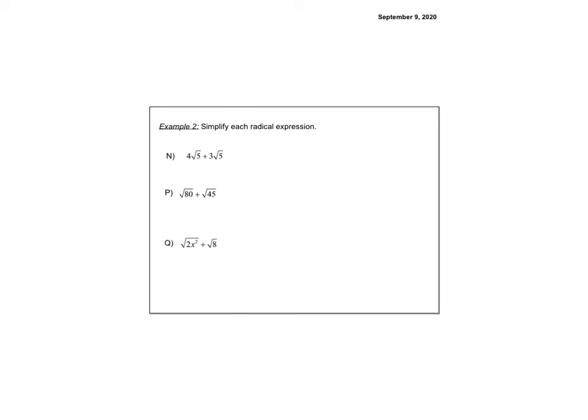On to addition. Something to know about when you're adding values with radicals in there is you want to think about combining like terms. So let me write that over here: think, combine like terms.